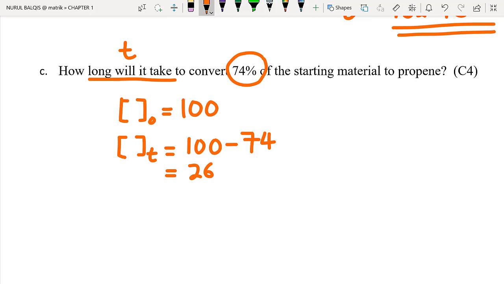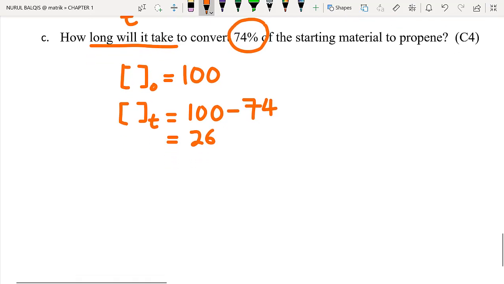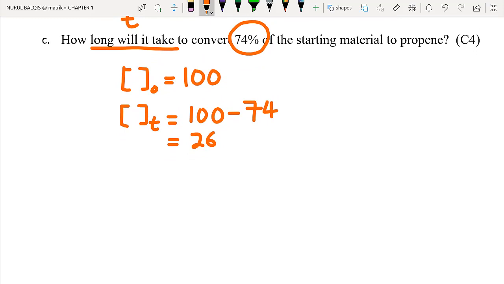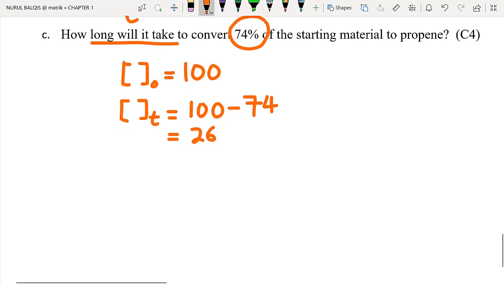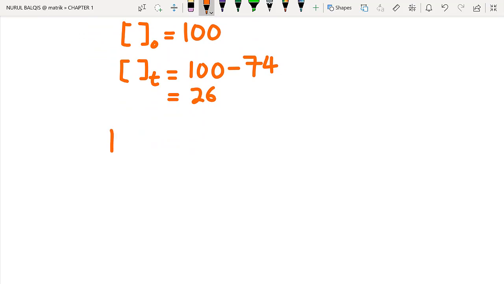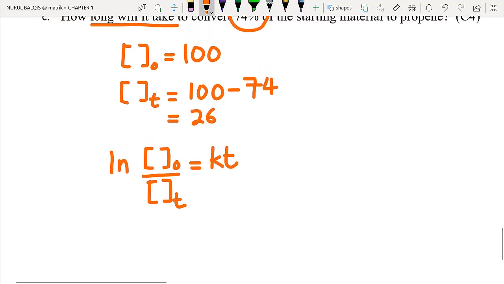Only for first order reactions, we can use this kind of percentage. So now we have the cyclopropane at initial concentration and also after a certain time. And then we want to find the time taken. So we're going to use the same integrated rate law, which is for the first order. So we have initial concentration over concentration after a certain time is equal to kt. Alright, so simply substitute the value.